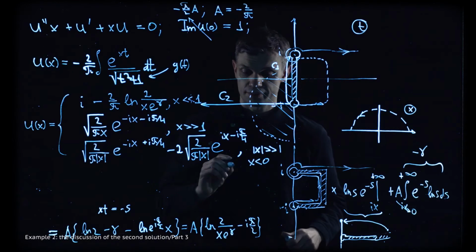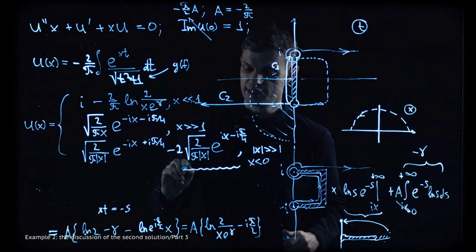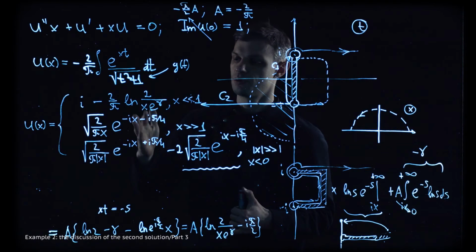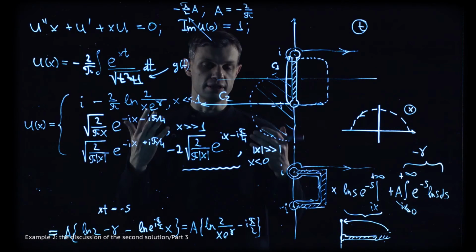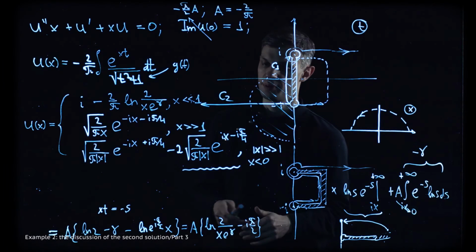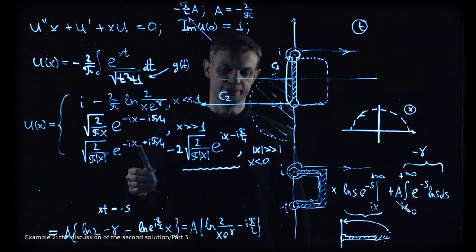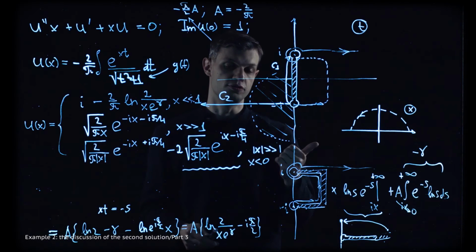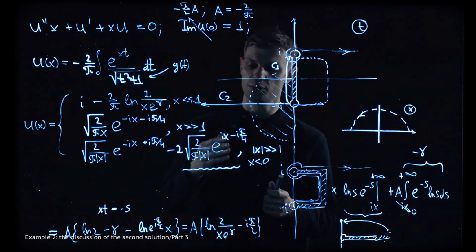In fact, as you see, those solutions remind us slightly of incident or reflected waves in one-dimensional quantum mechanics. For example, this one looks certainly like a wave moving from the left to the right, like an incident wave.